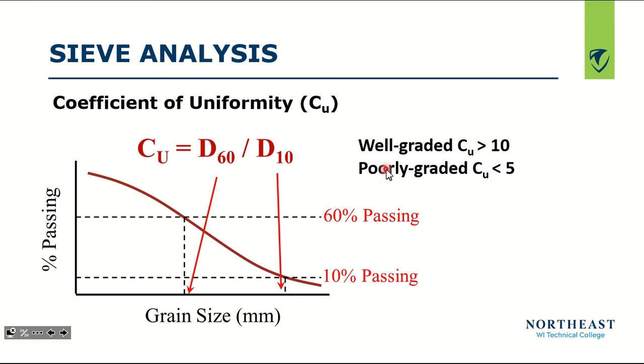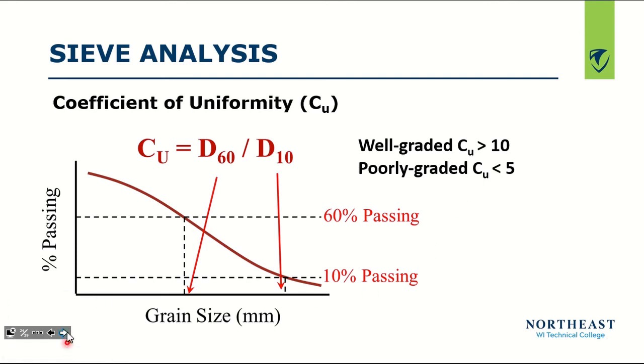I get this question all the time: what happens if it's in between? That's a very good question, because soils aren't perfect. A lot of our soils in Wisconsin in the glaciated areas are poorly graded because they've been washed, eroded, and transported downstream, and they're all one size.